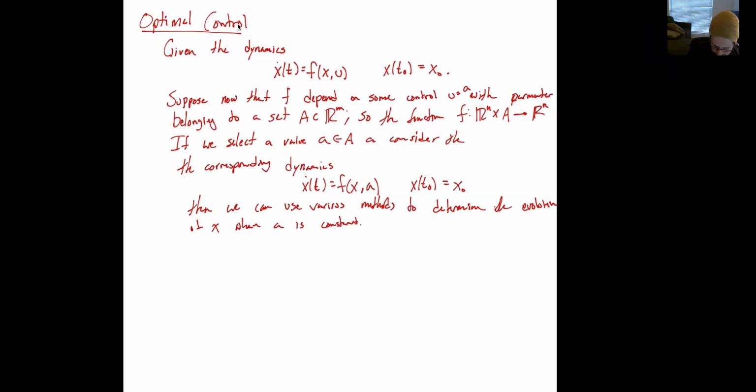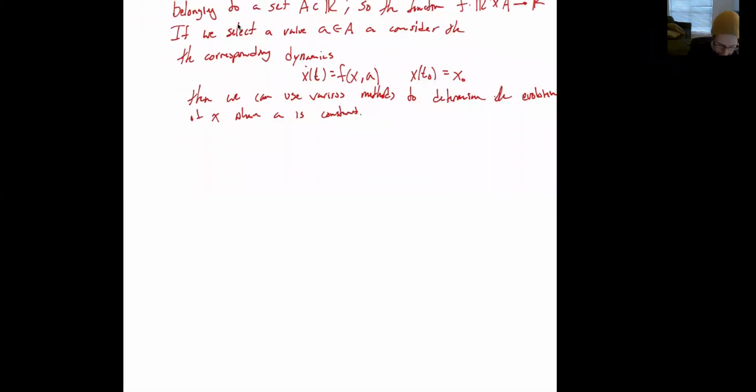Okay. So maybe we don't want a to be constant. Maybe we want a to move, or we want to define a as the function u. We want to define the input as maybe being many different values as time evolves or time moves forward.